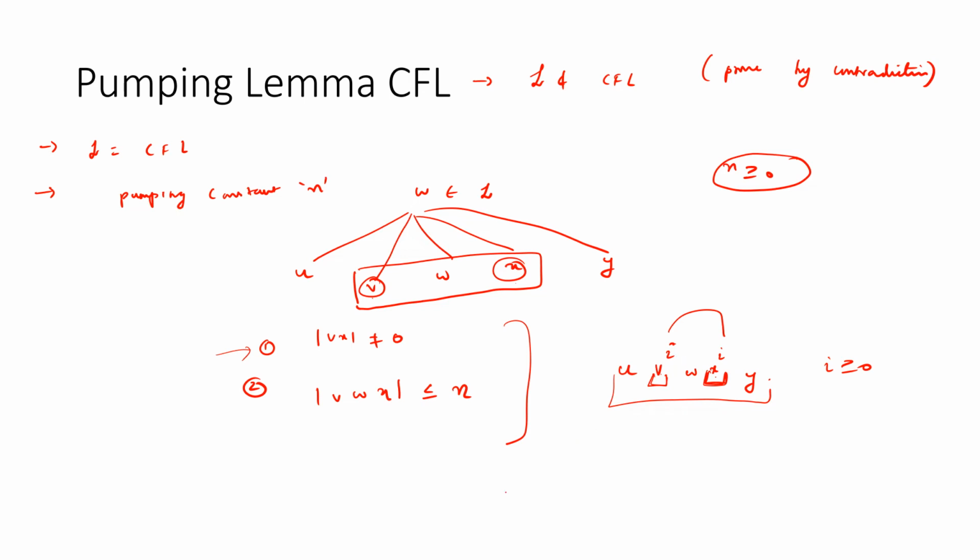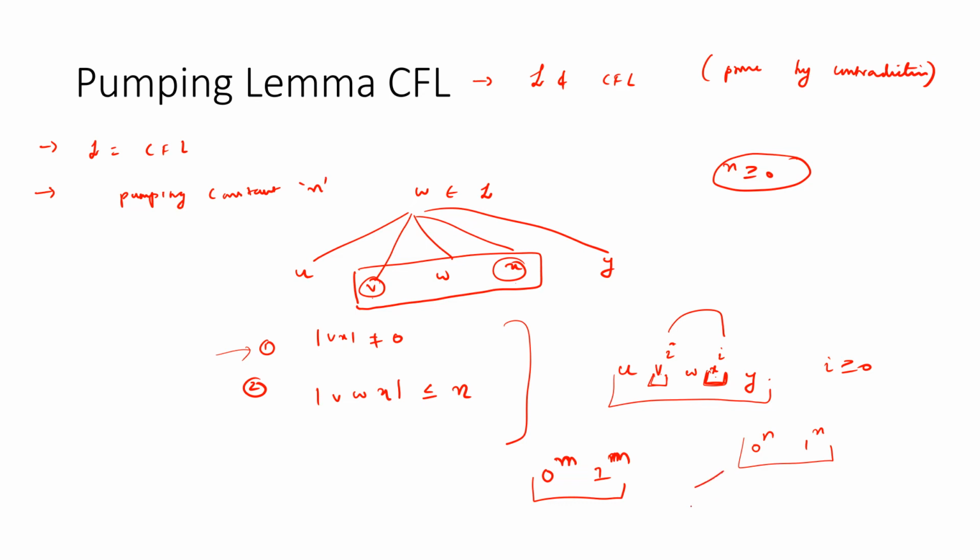Now let me give the language 0^n 1^n. Let me change the symbol, so let's assume the language is 0^m 1^m. Given a pumping constant n, you take the string 0^n 1^n, and you can easily verify that this string can be pumped.